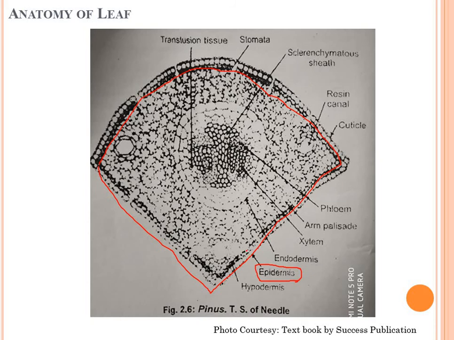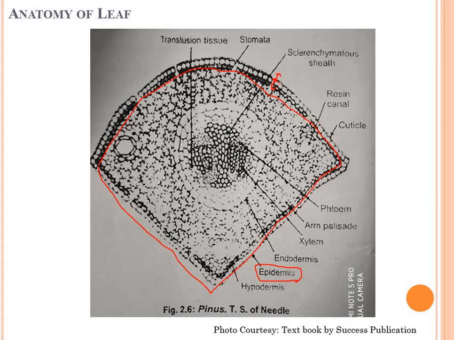And what is the function of epidermis? Epidermis provides protection, and it also has some spaces known as stoma or stomata, through which gas exchange takes place. Oxygen and CO2 can exchange through stomata. Also, a second important function of stomata is transpiration.